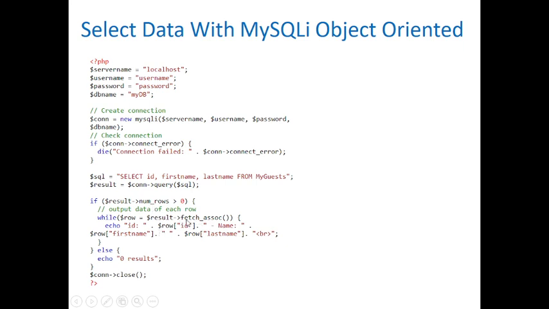You are going to find that with the help of this method, fetch associative. So all your data will be stored in this one. Row of ID, row of first name, row of email, like that you have to display.